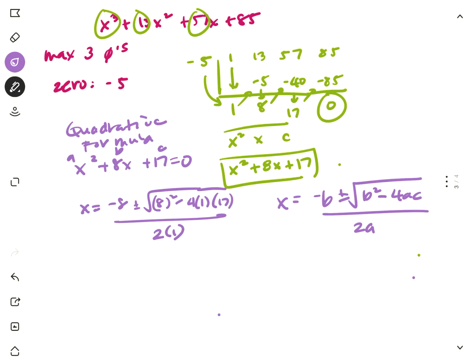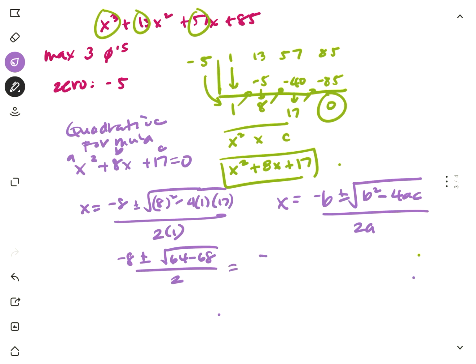I'm just going to simplify it. So -8 plus or minus 8 squared is 64 minus 4 times 17, that's 68. So let's write that down: 64 minus 68, over 2.